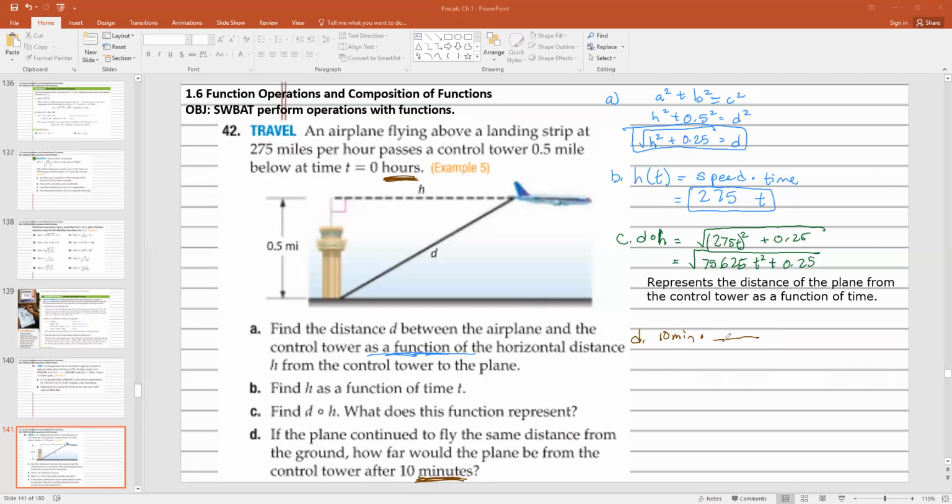So how are minutes and hours related? 60 minutes are in 1 hour, and we want to convert to hours, so that's why we want hours on top. When you do that, our minutes cancel out. So here we have 10 divided by 60 times 1, which gives us 1/6 of an hour.